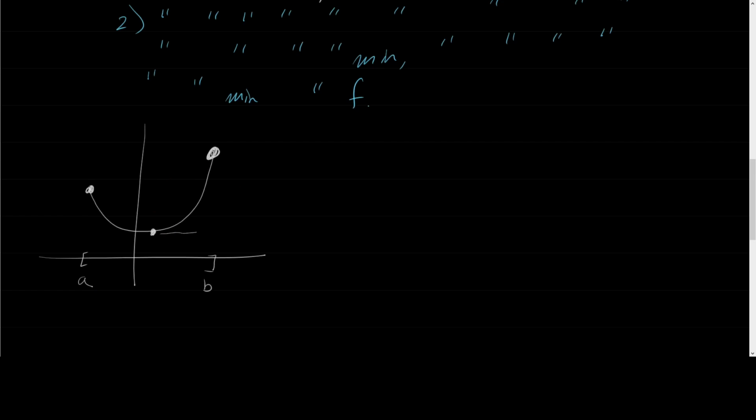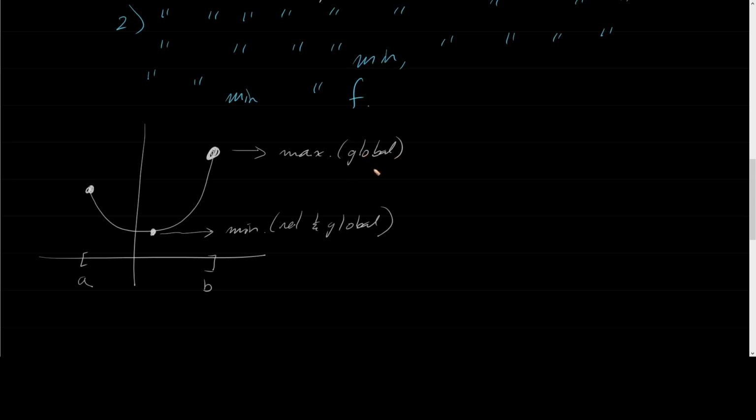This right here is a minimum. Not only is it a minimum, it's actually a relative and a global or absolute minimum throughout this interval from A to B. This value right here would be a maximum. And this one would only be a global max.